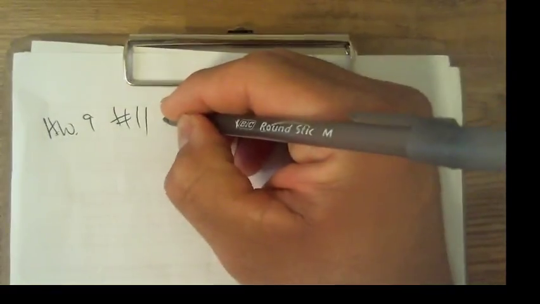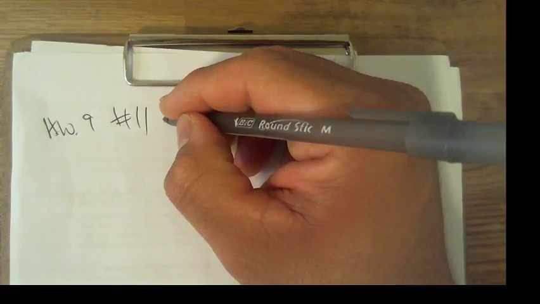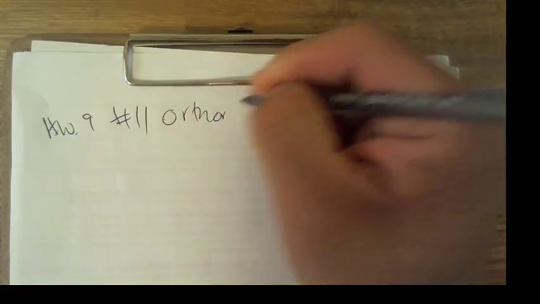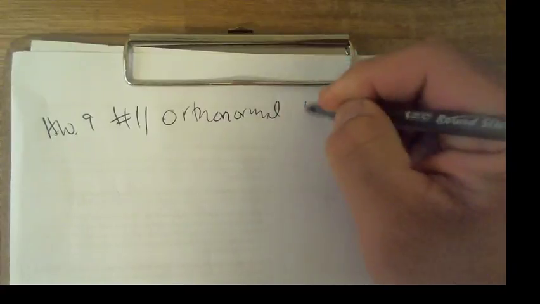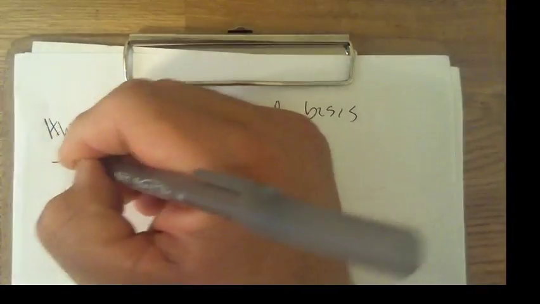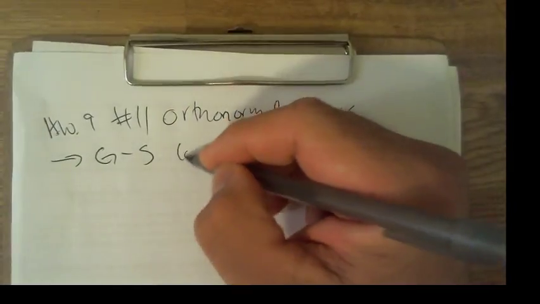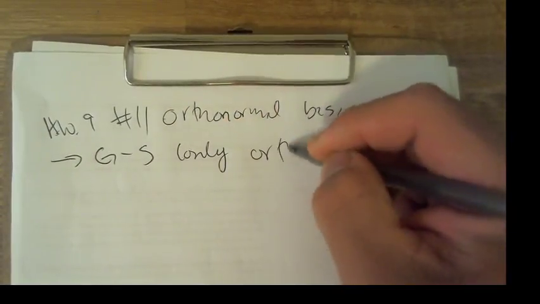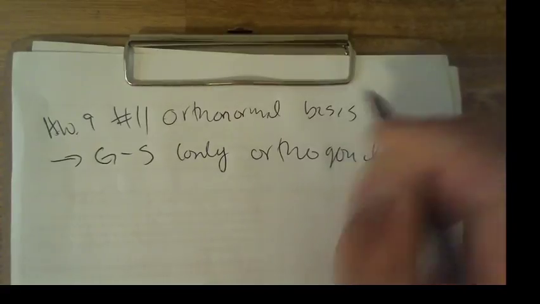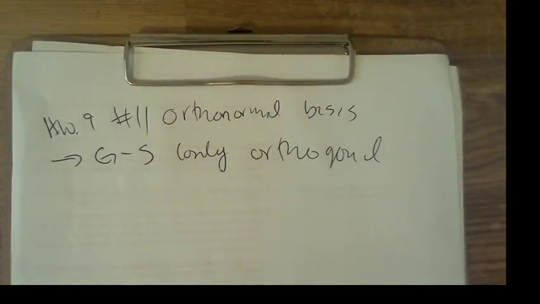Okay, so we want to turn this into an orthonormal basis. So we're going to use Gram-Schmidt, but again, remember this only gives us an orthogonal set. Okay, so once we find that, we have to divide by the magnitude in order to normalize it.